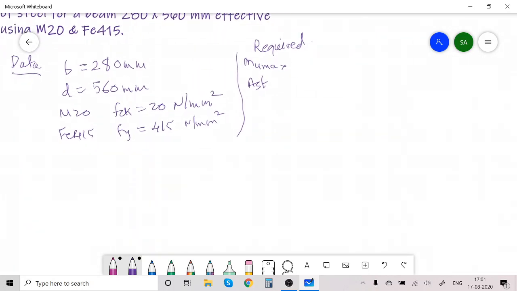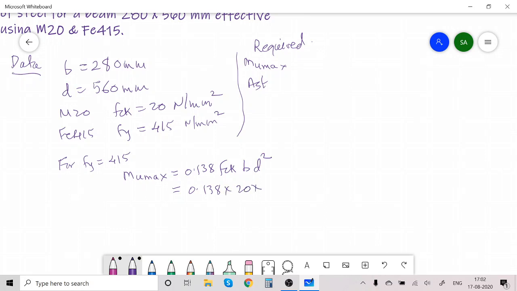Now, as the grade of steel is given as Fe 415, Mu max or Mu limit is 0.138 fck b d square, that is 0.138 into fck 20, b is 280 and d is 560 square.